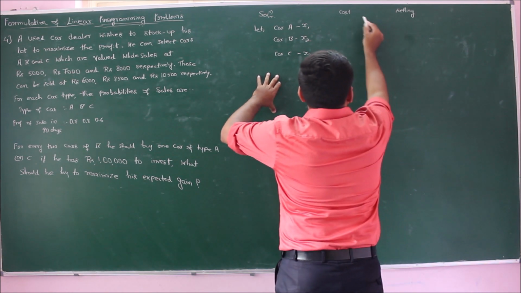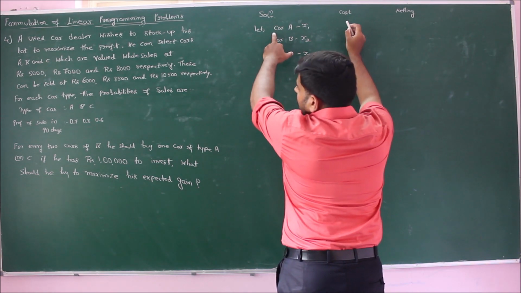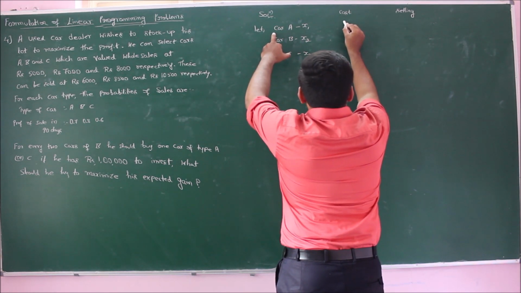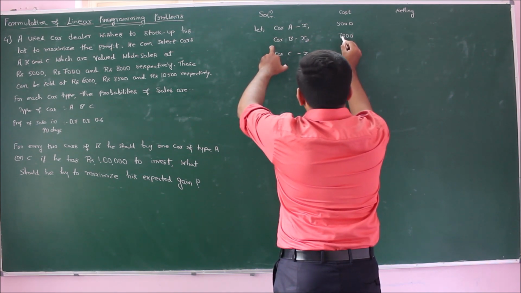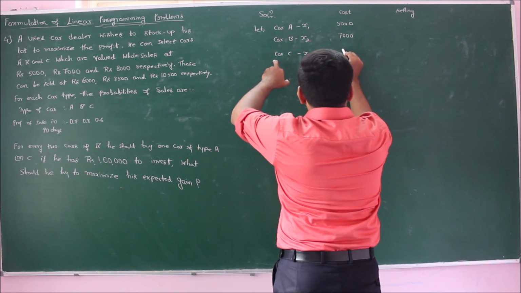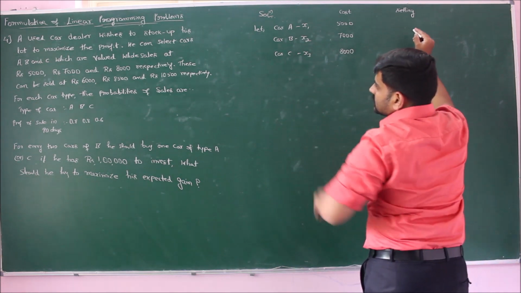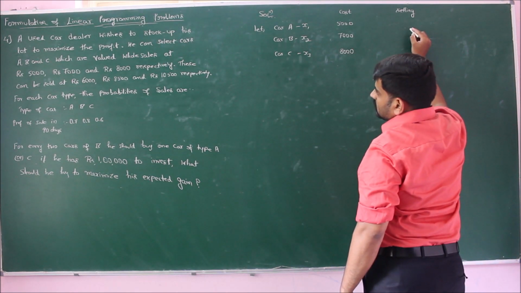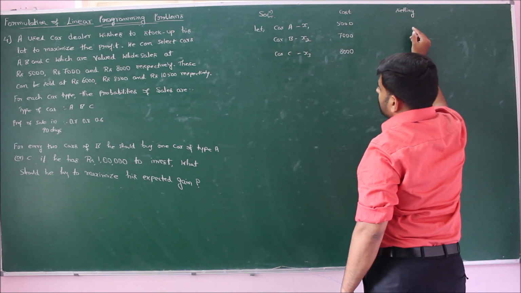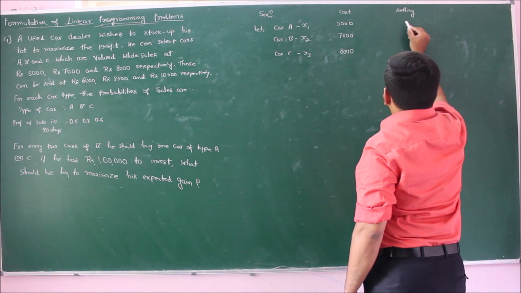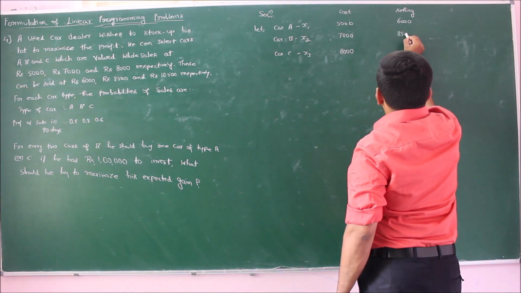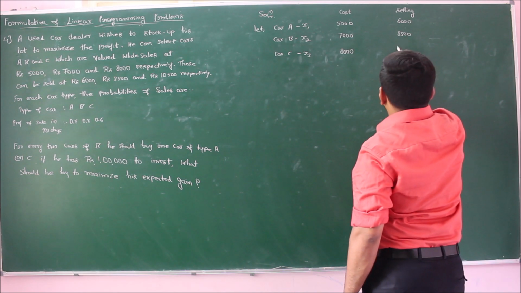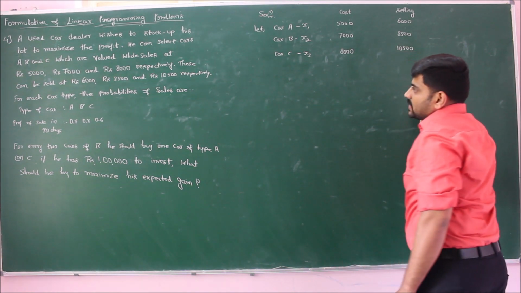The cost price of car A is 5,000 rupees, car B is 7,000, and car C is 8,000. Coming to selling price, he can sell car A at 6,000 rupees, car B at 8,500 rupees, and car C at 10,500 rupees.